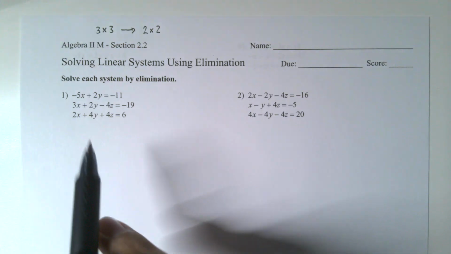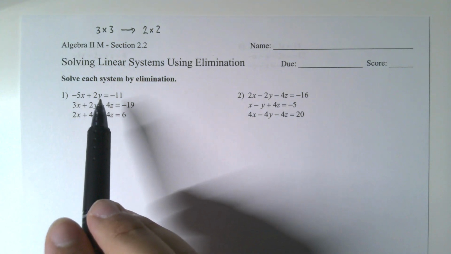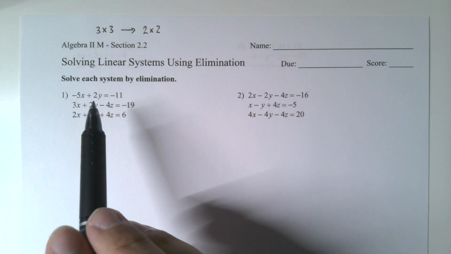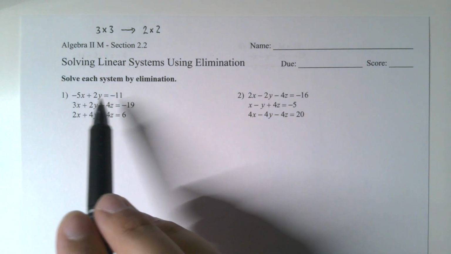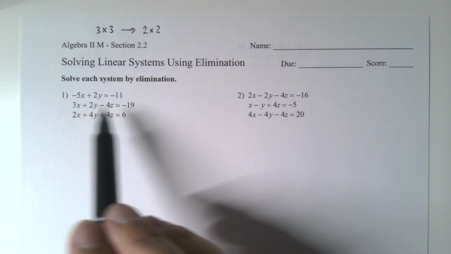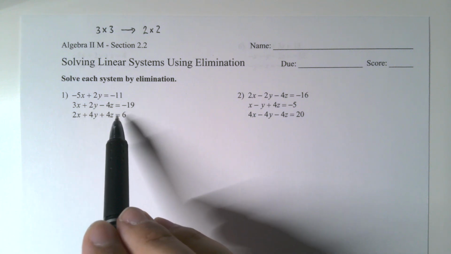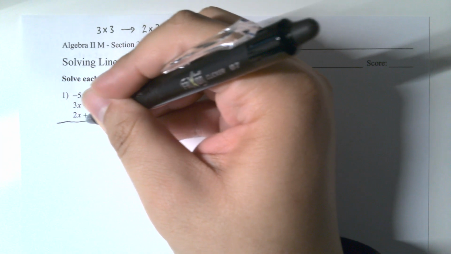This first equation already has just x and y. So we already have one equation with two variables. We just need another equation that is missing z, because this top equation doesn't have a z. And if you notice, we can add equations 2 and 3 together, and that will get rid of z. So let's go ahead and do that.